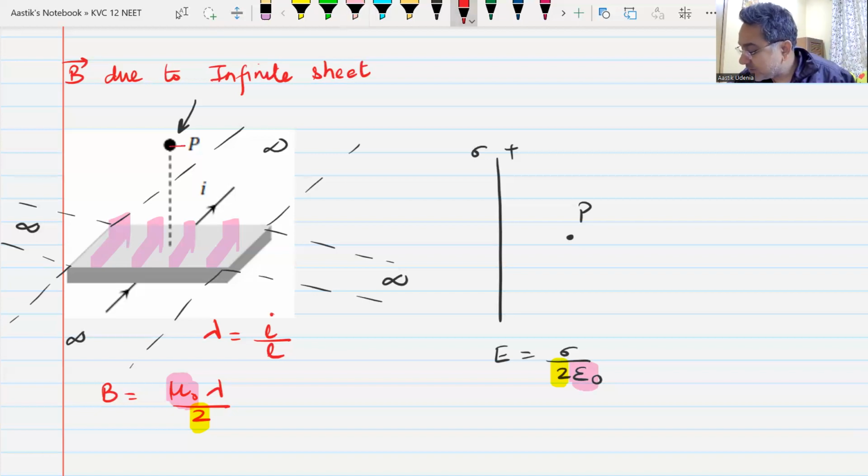So the direction of magnetic field will be like this. This is current, current is going like this, point P is on the top, and the magnetic field goes in the rightward direction. Do we see this? Yes or no? Yes, sir. Mu naught lambda by 2 is the answer. I shall give you a minute to note this down.